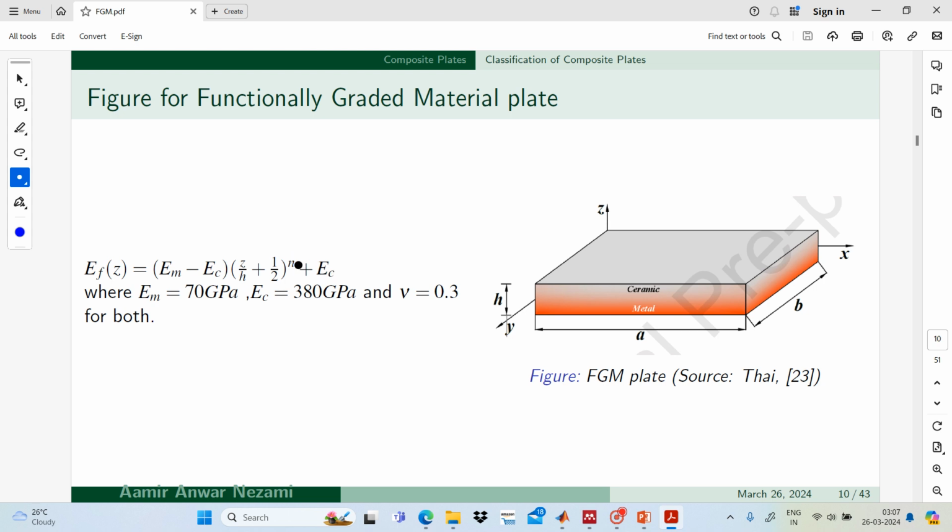So if we have n equals to 0, then what would be this value? This value would be 1.